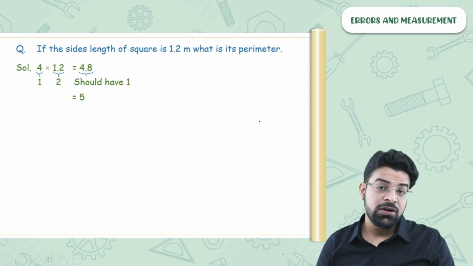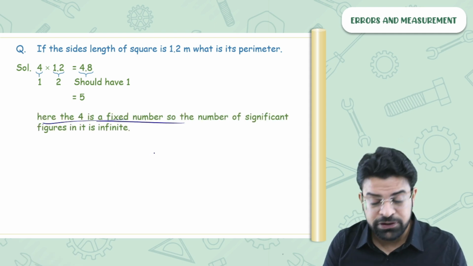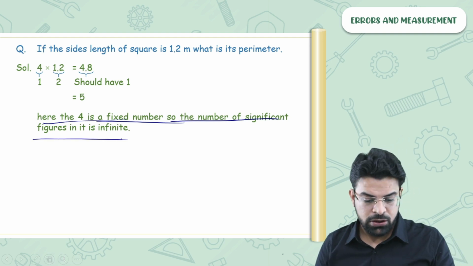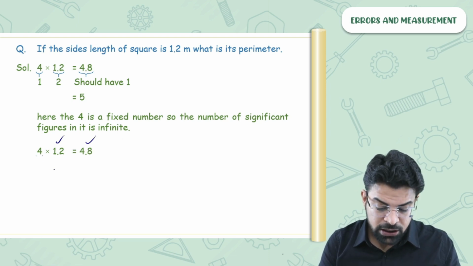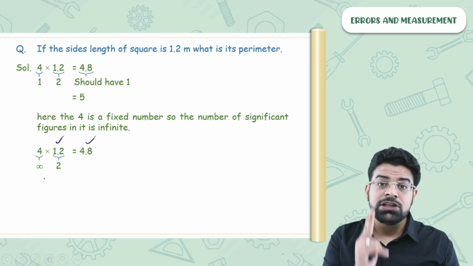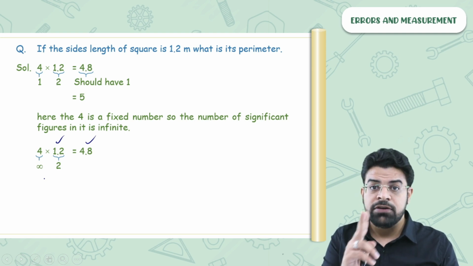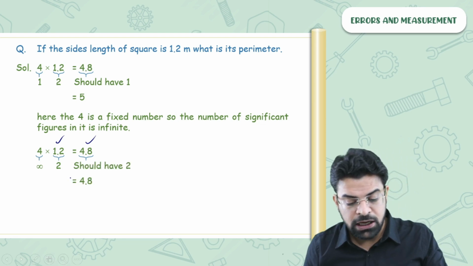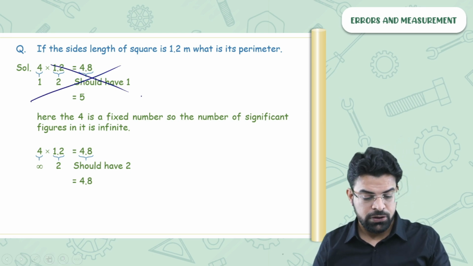This 4 has infinite significant figures, because it is a fixed number. So 4 times 1.2 is 4.8. The 4 has infinite significant figures, 1.2 has 2. The answer should have the least number of significant figures, so it should have 2. We will report the answer as 4.8, and this first solution was a wrong solution. Moving on.